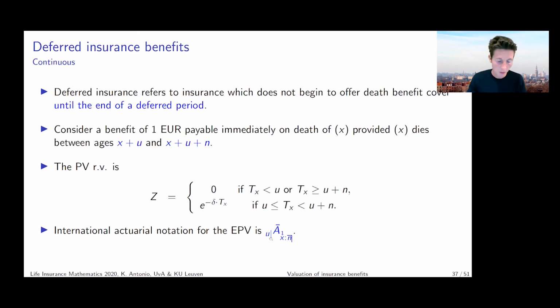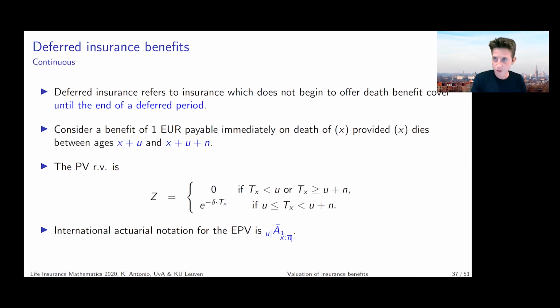So this u, similar to what we did in the mortality probability notation, this duration of deferment, the u, is on the left side with a bar. The capital A refers to the insurance product. The bar on top of the capital A refers to our continuous time setting.